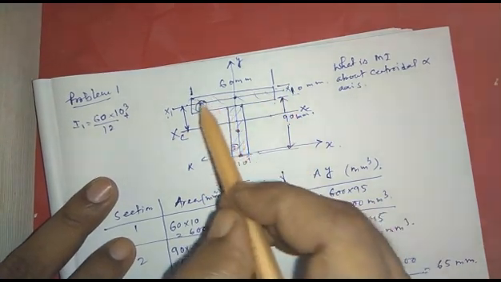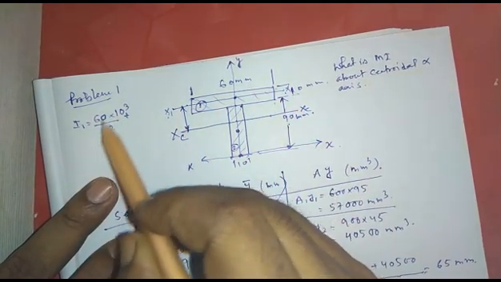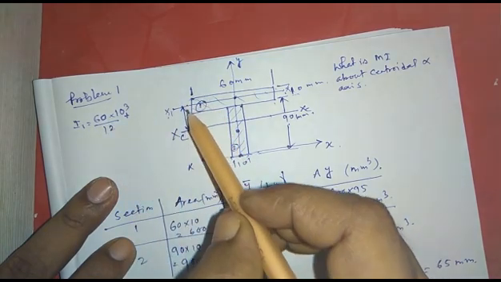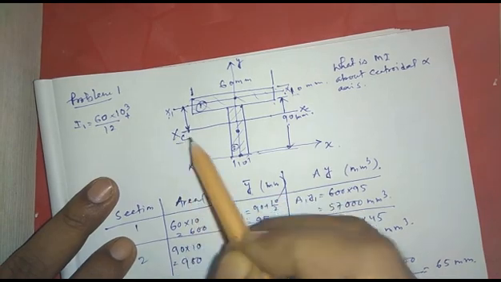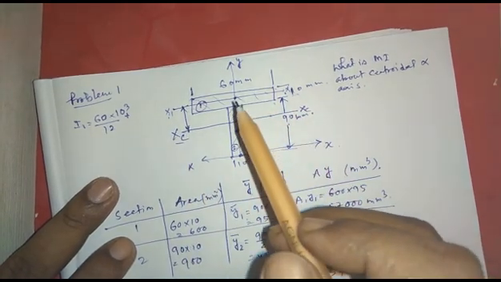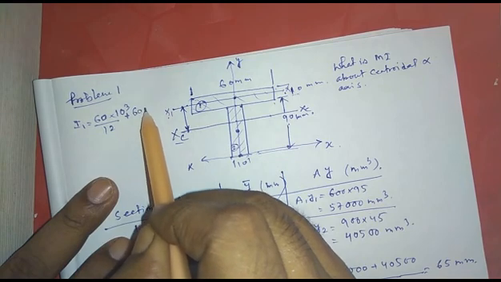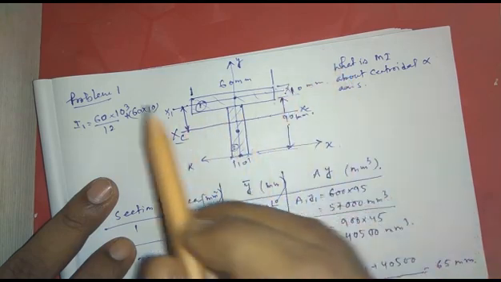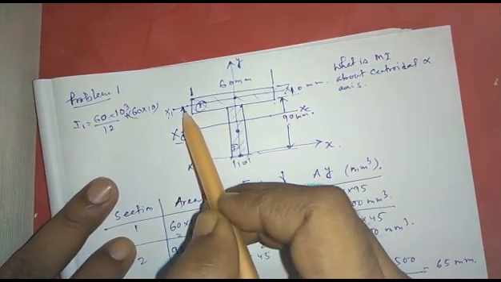So about x1, the moment of inertia is 60 into 10 cubed by 12, plus the moment of inertia, if you want to calculate about this axis xc, then it will be its area, that is 60 into 10, into the square of the distance between these two axes.